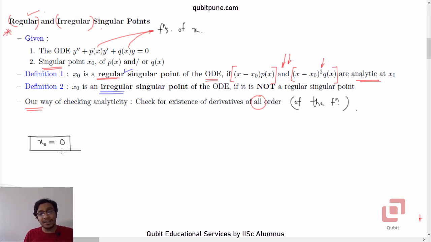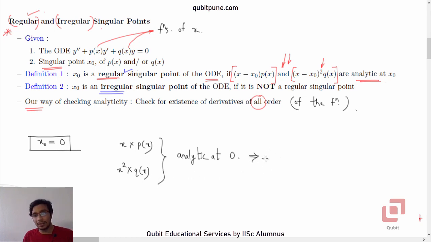So if x equal to 0 is a regular singular point, then x into p of x and x squared into q of x will be analytic at 0. Now if these two are analytic at x equal to 0, this implies that we can bring in their Maclaurin expansions. This is important because we are going to make use of this fact. Maclaurin expansions exist.